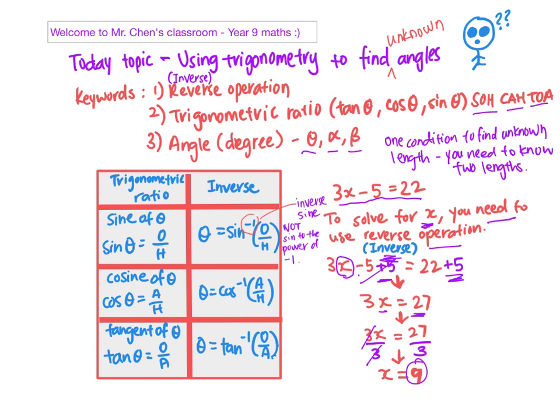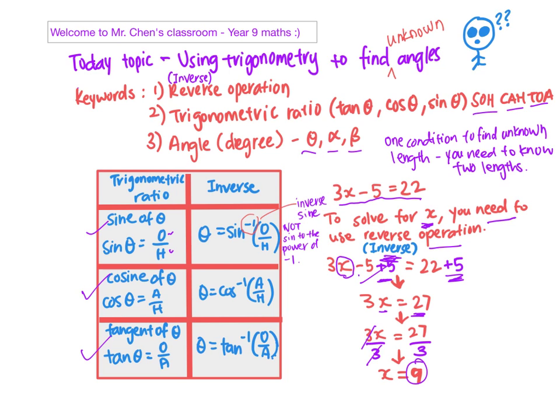With trigonometric ratios, you actually do the same thing. You can get a lot of help from your calculator. If you still remember, we have sine, cos, and tangent. With sine, sine theta is equal to opposite over hypotenuse.